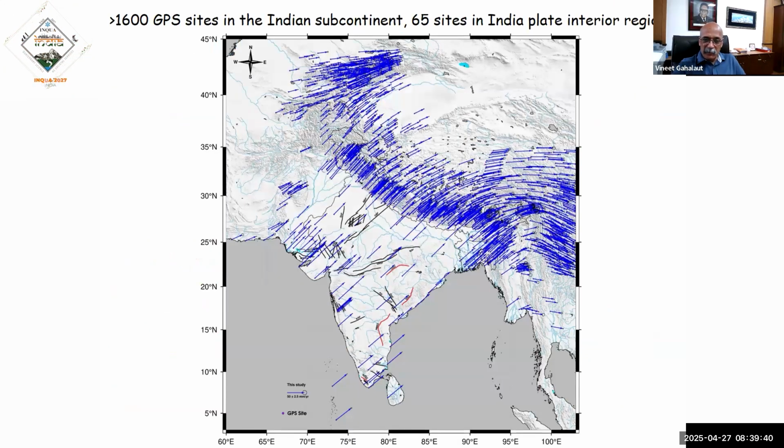I use GPS, and we have a beautiful network of GPS in India. We have almost 200 stations which belong to my parent organization, the National Geophysical Research Institute, which I was responsible for establishing.